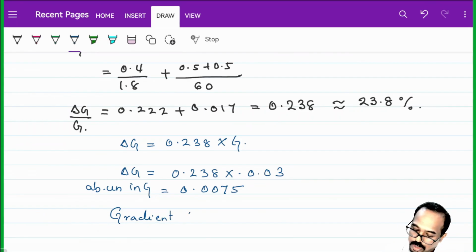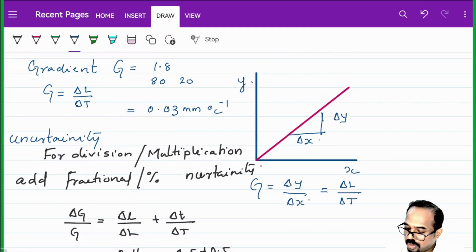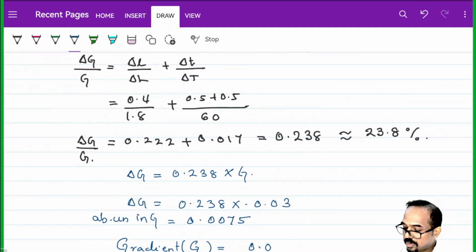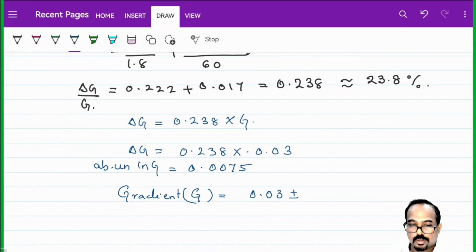Then you need to represent the gradient. Gradient G equals, what is the average value you got? 0.03 plus or minus the absolute uncertainty. So how will you write it? Gradient 0.03 plus or minus 0.007.